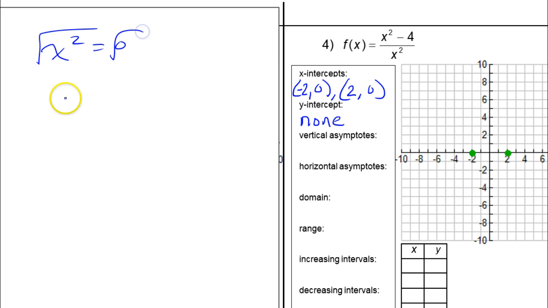You would then take the square root. That's just going to be x equals 0. So we have one vertical asymptote at x equals 0. Normally I do plus or minus, but plus or minus 0 is still 0. So don't just put 0, put x equals 0. So go ahead and draw the vertical asymptote as a dotted line.